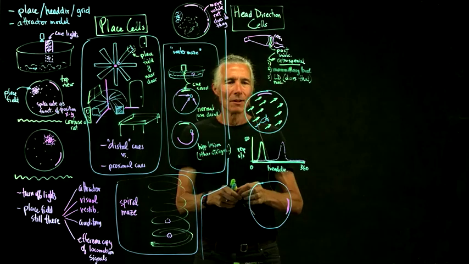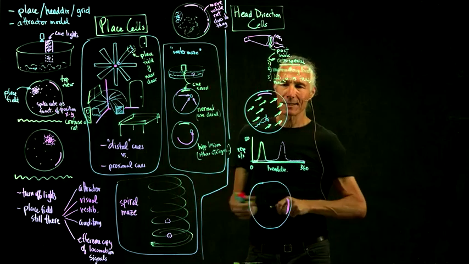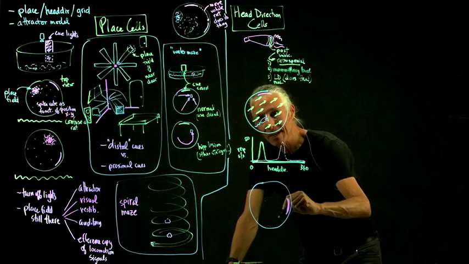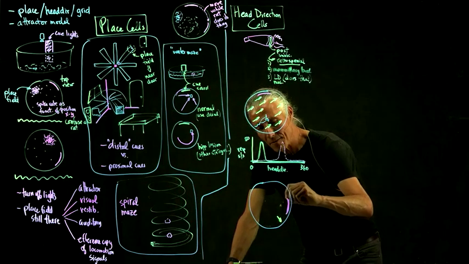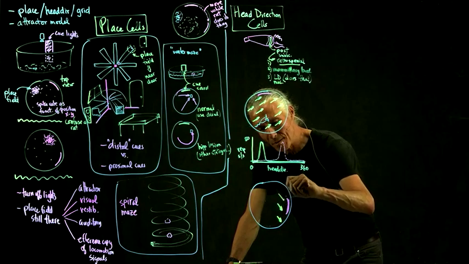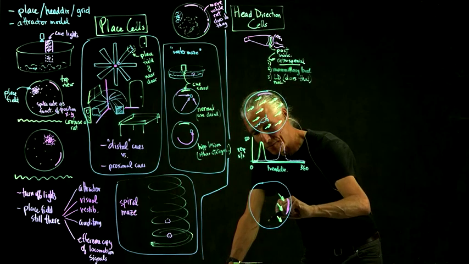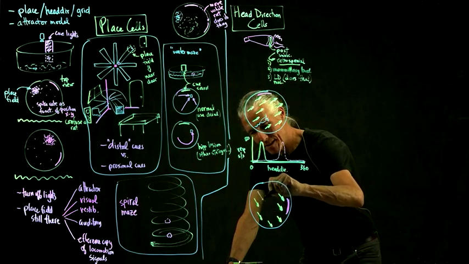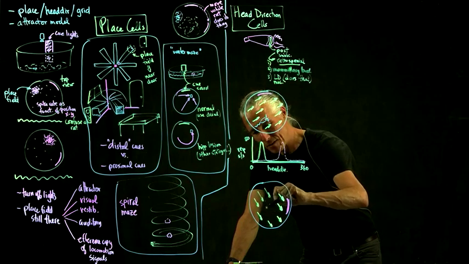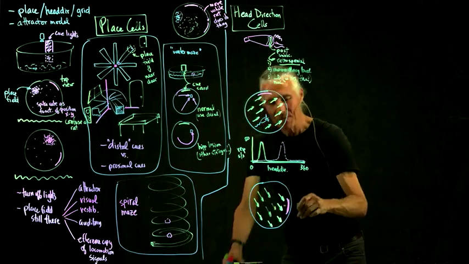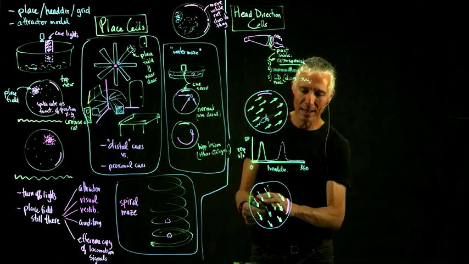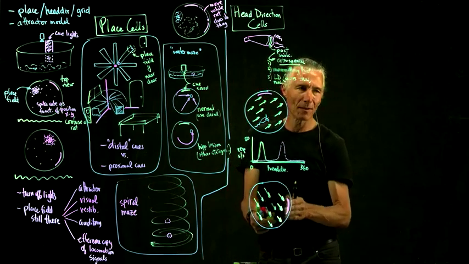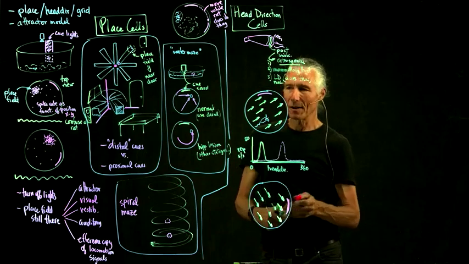All these head direction cells will now rotate. It's important to remember they're not pointing at the cue card. They're pointing in a compass direction. A lot of times students get mixed up about that. They're just pointing at a particular compass direction as specified by this cue card.